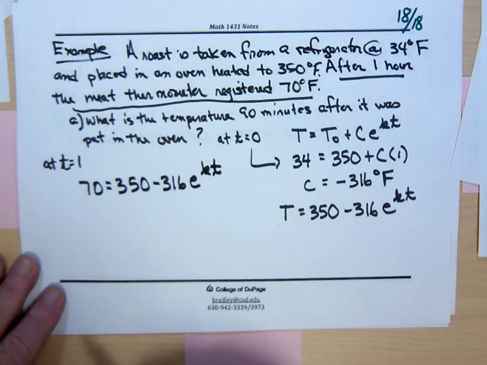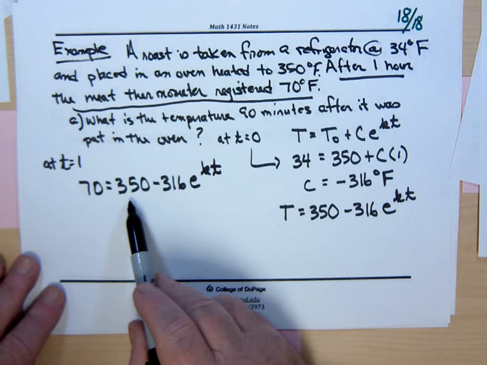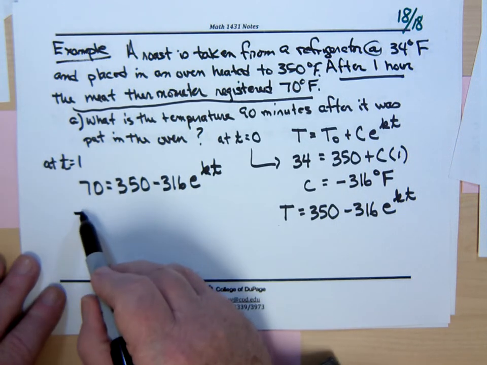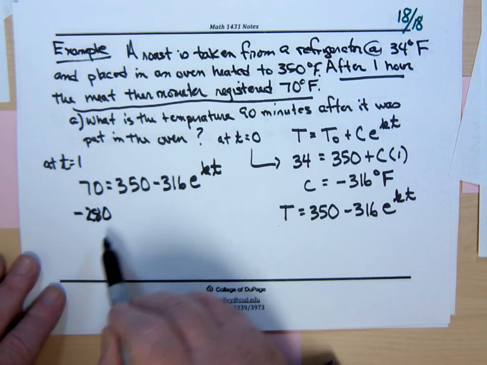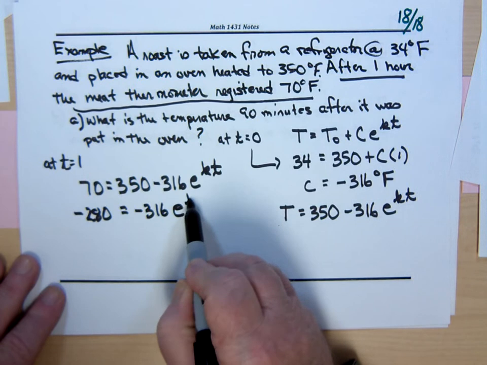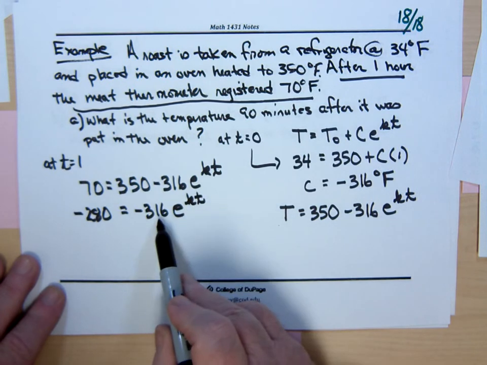So we're going to subtract this from both sides, and we will get minus 280 is equal to minus 316 e to the KT. And we're going to divide both sides by that, and the minuses will cancel.